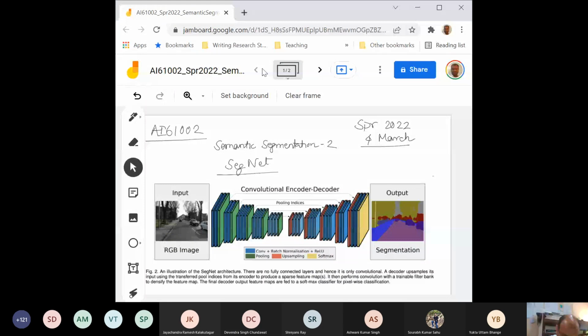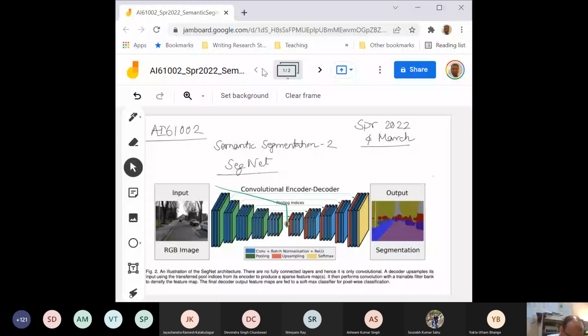So this part of SegNet is what is called the encoder. This part is what is called the decoder. So this encoder is the same as VGG16. Now let's look into what part of VGG16 goes over there.